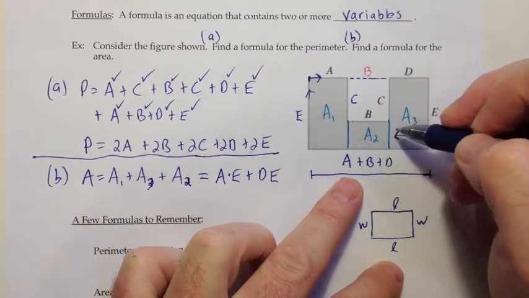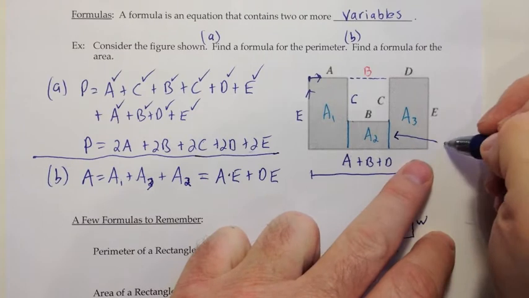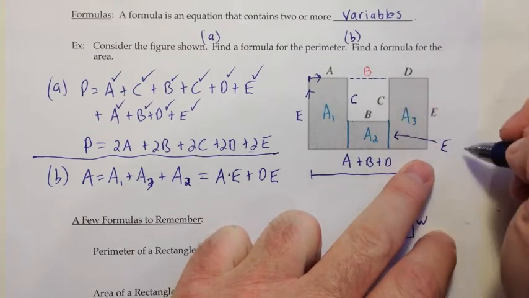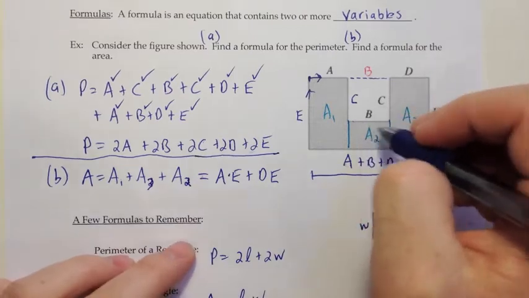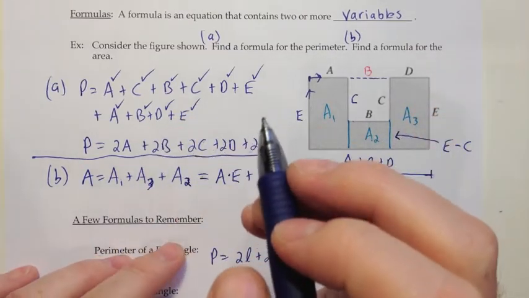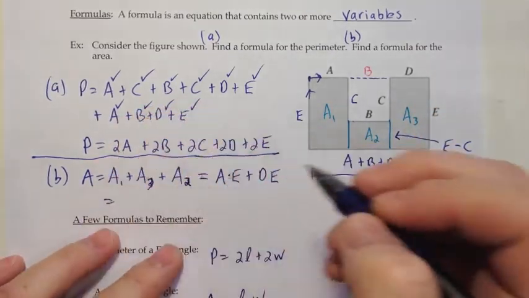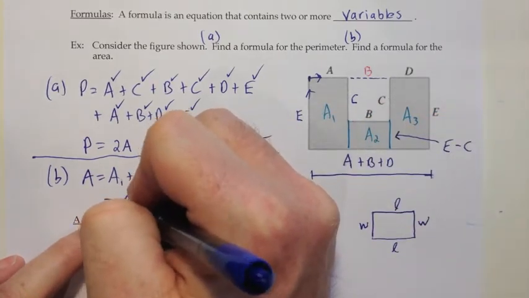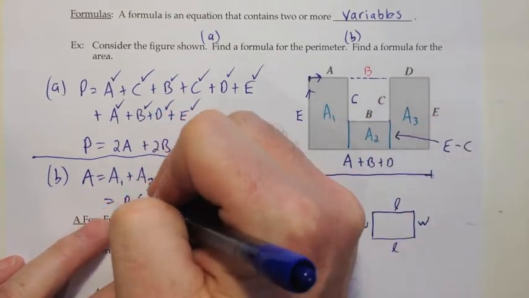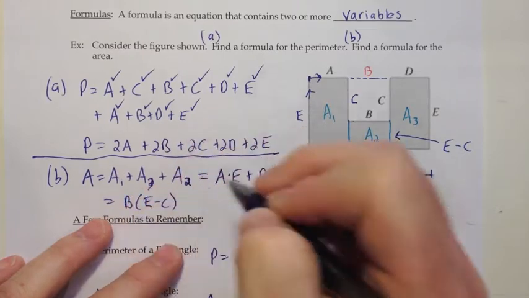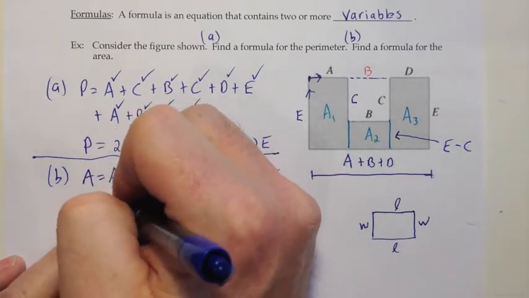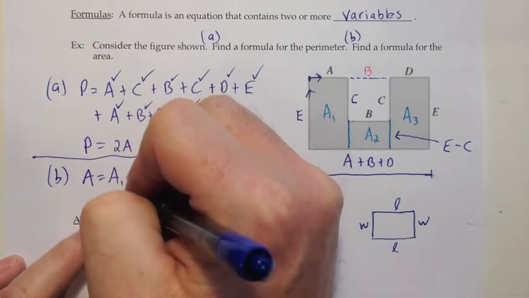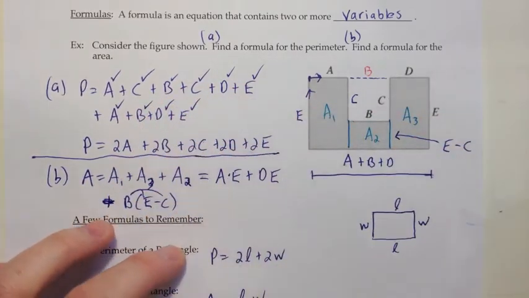So this piece right here would be this whole length E minus this part up here, which would be C. So I think the area of that little piece right there would be B across and then times E minus C. And my apologies, I put an equals right here, but that's really just our third area that we're adding in, so that would be a plus sign. And then we'd have the distributive property right there.